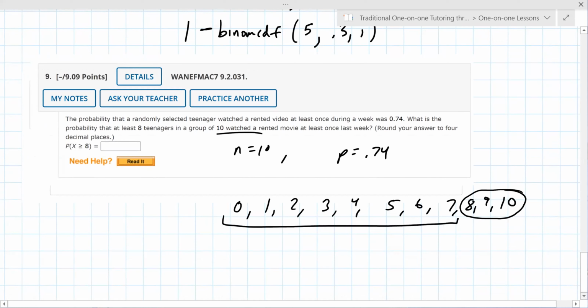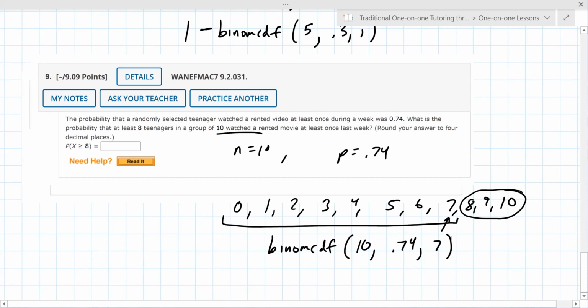Binom CDF though will give us this group. So since we want binom CDF, we're going to do that for size 10, P of 0.74 and 7, because we want everything 7 and lower.